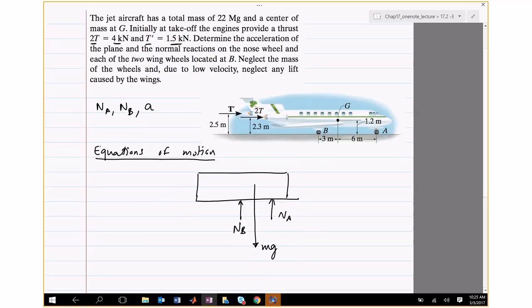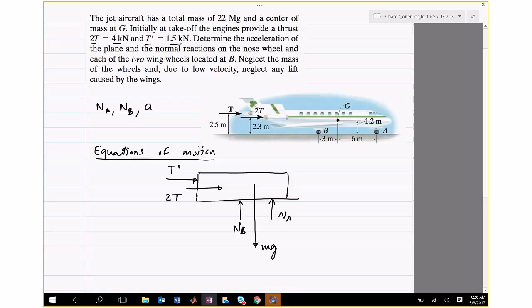Okay, so for this case, as you see, it's very important where you apply the force. For a particle, you can apply it anywhere, but you just cannot put NA at a random place, because that will show up in the third equation, the summation of moments about the center of mass G. So then there is T prime, and then there is 2T.